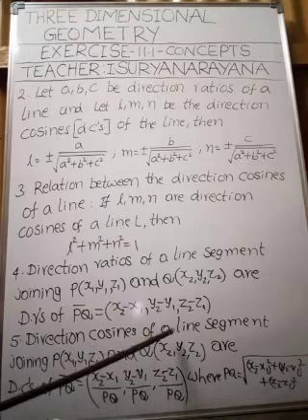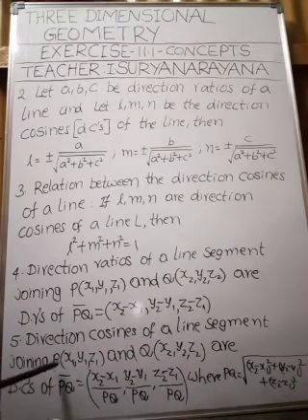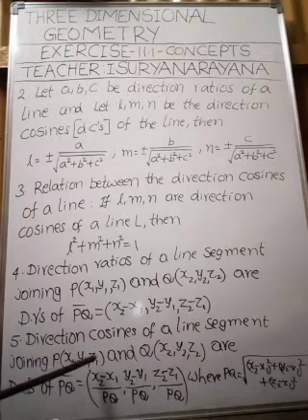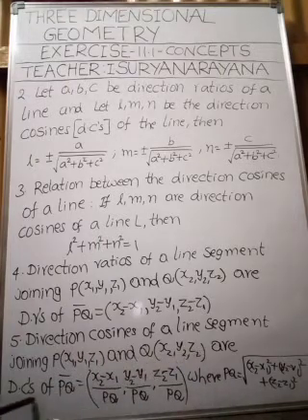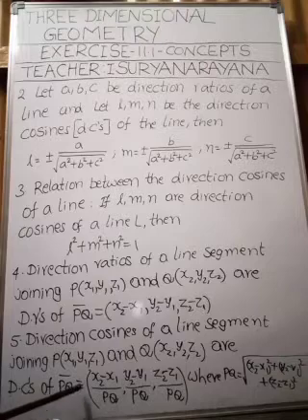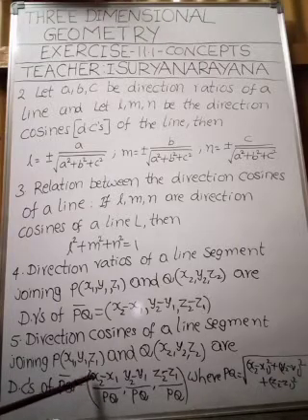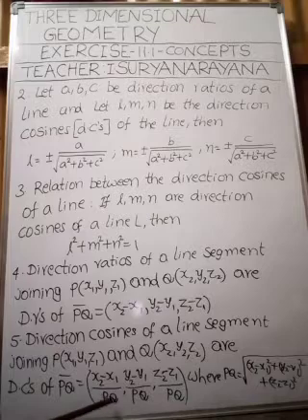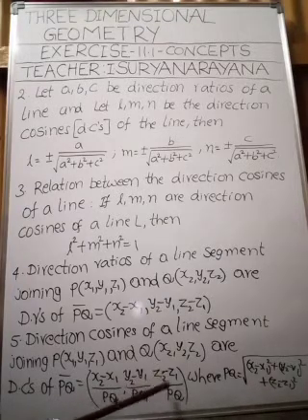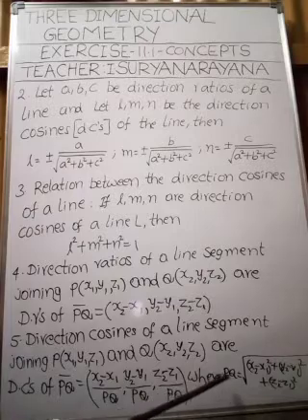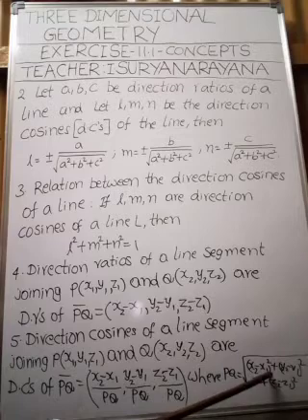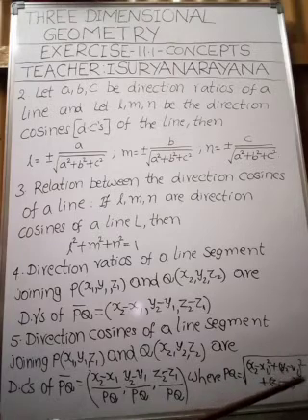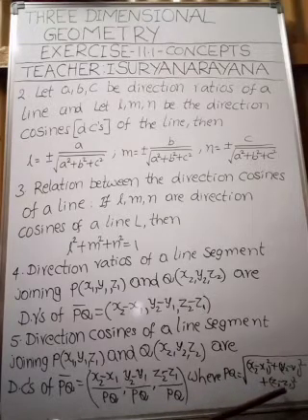Direction cosines of a line segment joining P(x1, y1, z1) and Q(x2, y2, z2), that is DCs of line segment PQ, is equal to the ordered triplet x2 minus x1 by PQ, y2 minus y1 by PQ, z2 minus z1 by PQ, where PQ is equal to square root of (x2 minus x1) whole square plus (y2 minus y1) whole square plus (z2 minus z1) whole square.